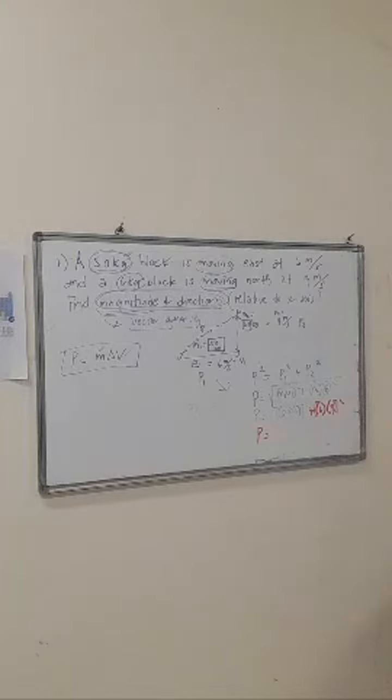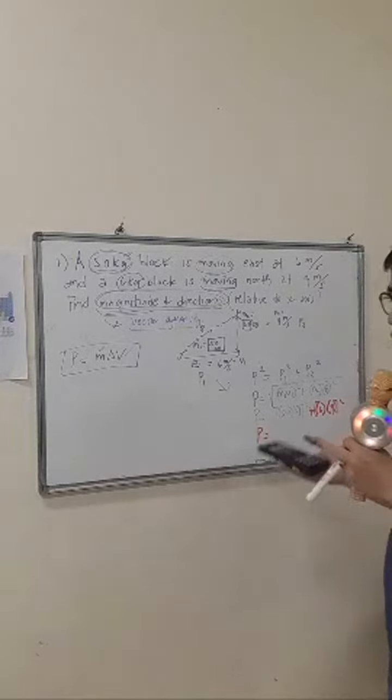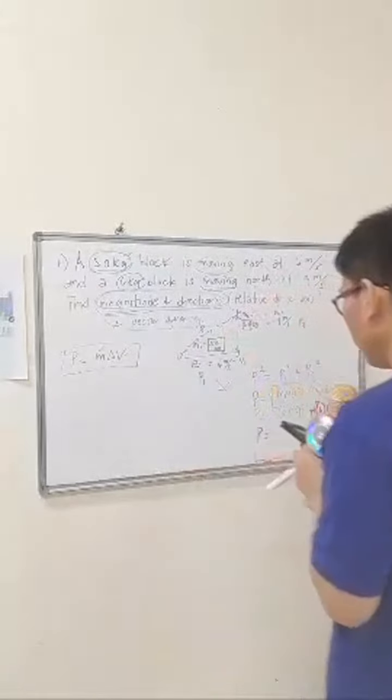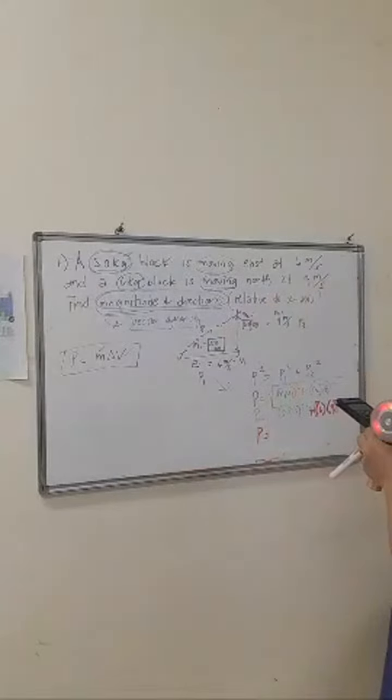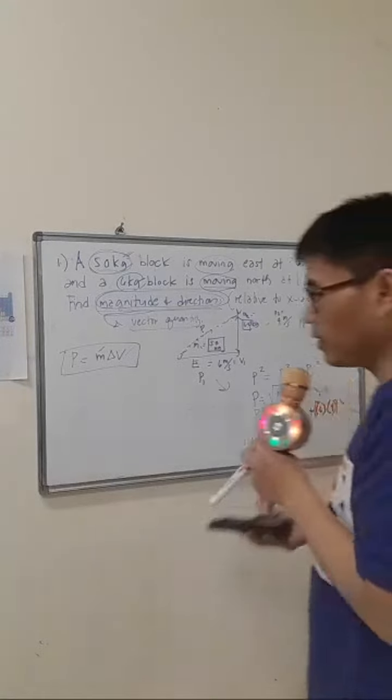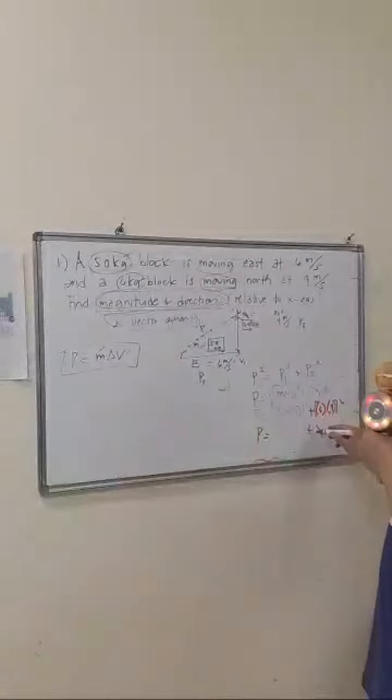So in here, guys, we're computing our magnitude, not yet the direction. So, 4 times 6 raised to the power 2 is equal to 576. Okay, 576.